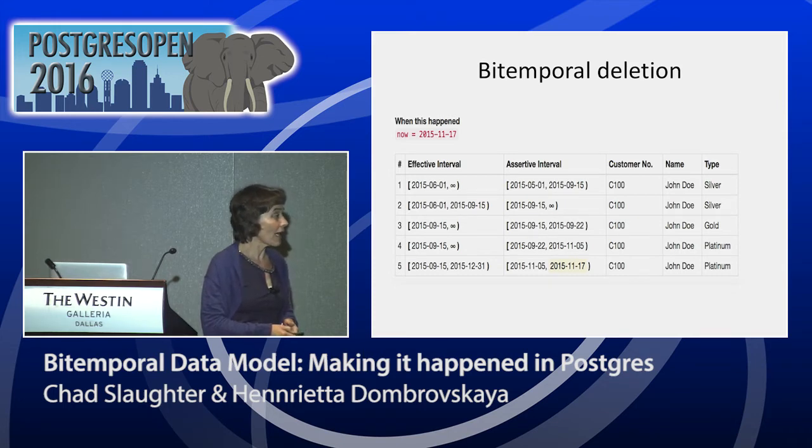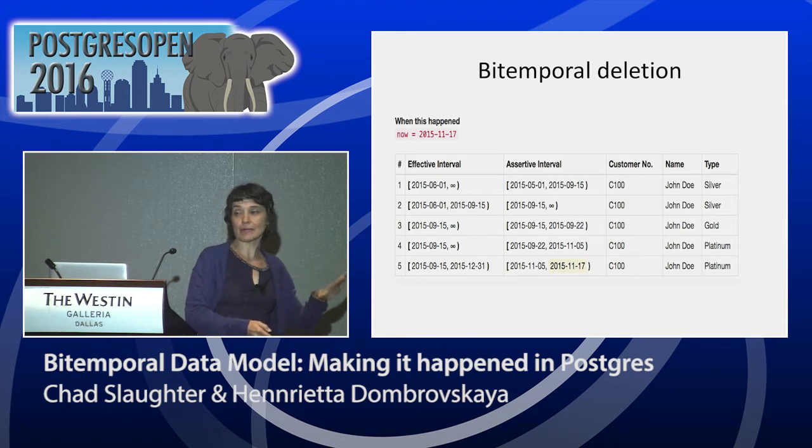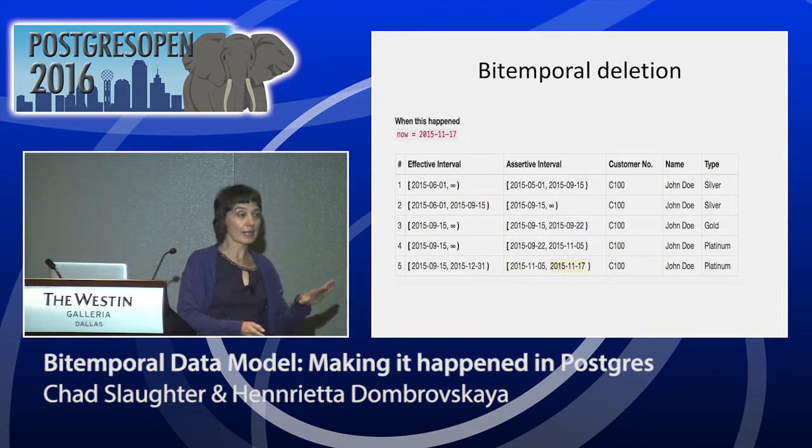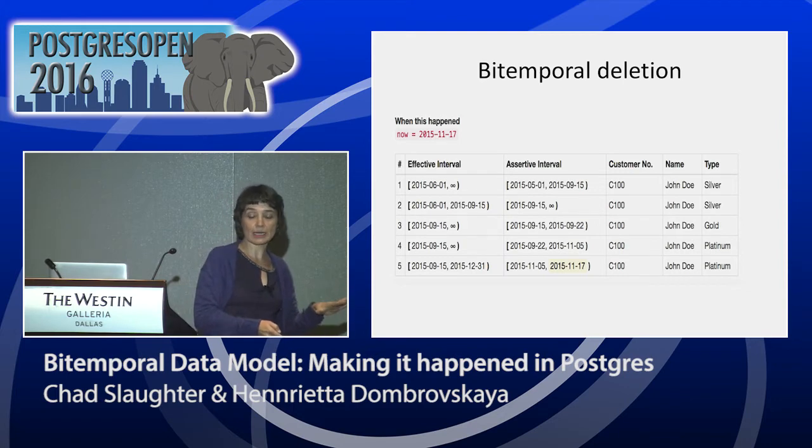So we are closing the asserted interval. Now, watch this. We do not have any asserted records after November 17th. So everything that happens after November 17th, we do not have this customer in the system. None of the reports which will be running as asserted now will have any information about this customer.